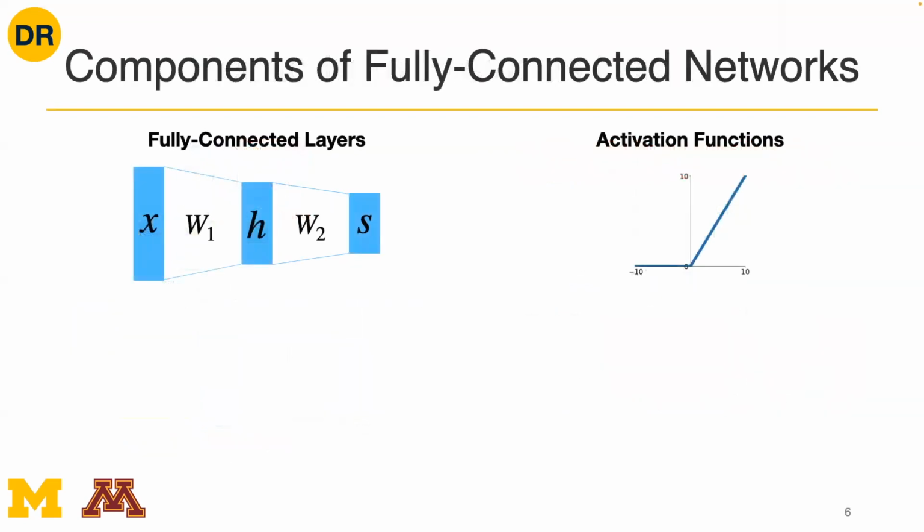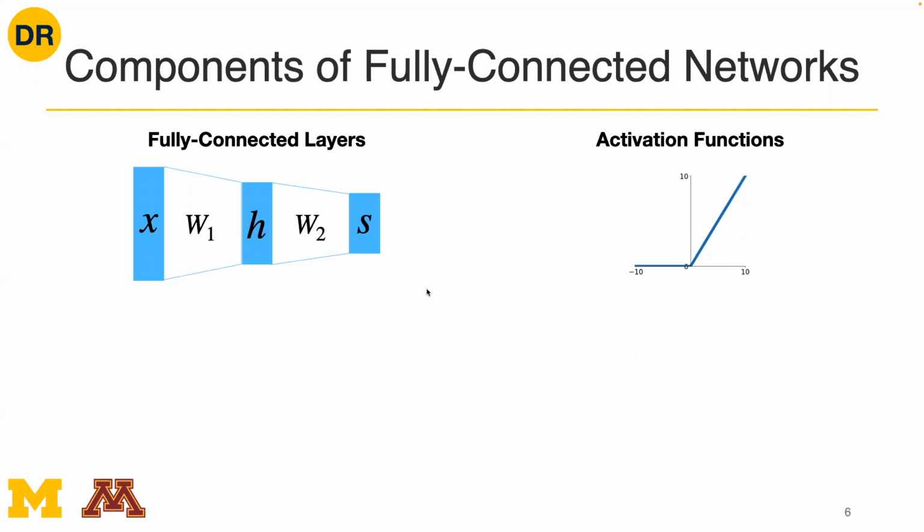As a brief recap of the core components within fully connected networks, we saw that there were fully connected layers, which we treated as a 2D matrix of weight parameters. In this figure, it's the W1 weight matrix and the W2 weight matrix. If you stack those layers together, you get deeper and deeper networks, which hopefully can achieve higher and higher accuracy.